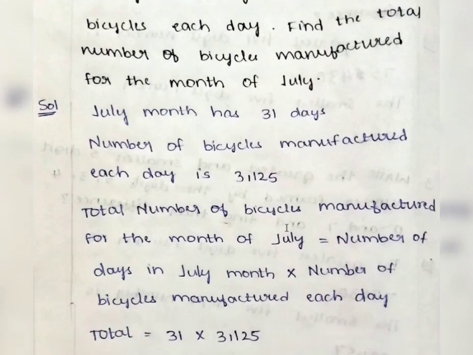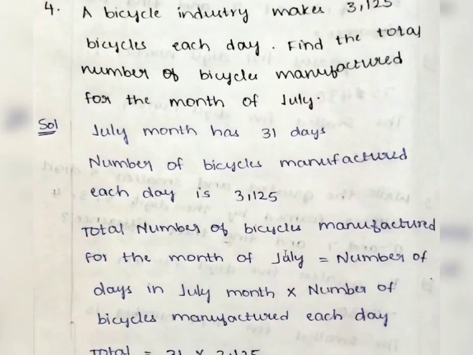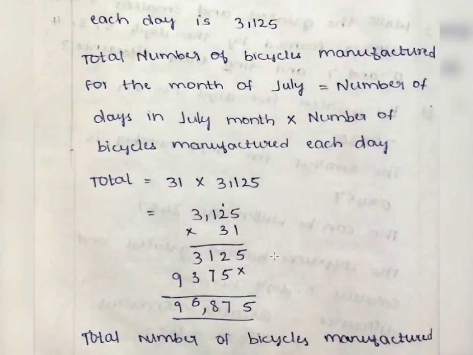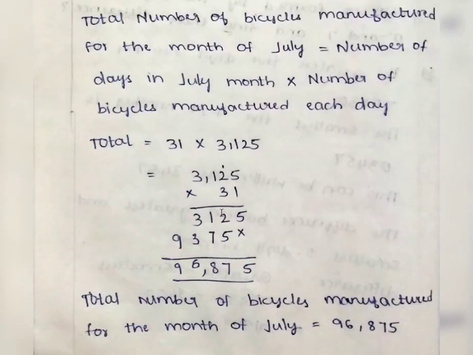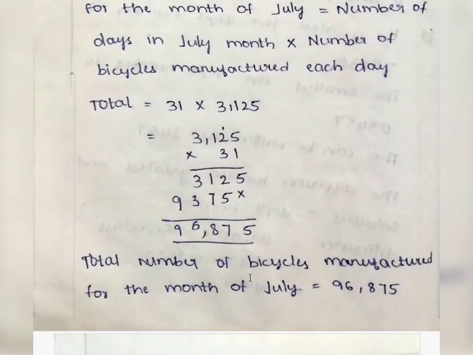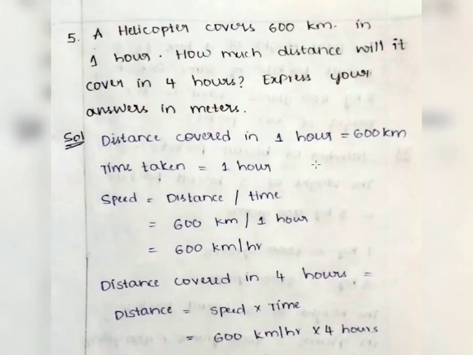To find the bicycles for 31 days, we have to multiply the number of days by the number of bicycles manufactured each day. Then we will get the answer. So here is the calculation. The total number of bicycles manufactured for the month of July is 96,875 bicycles.